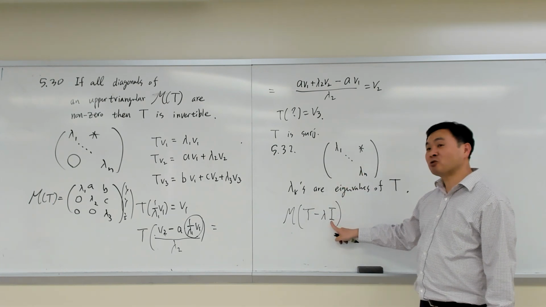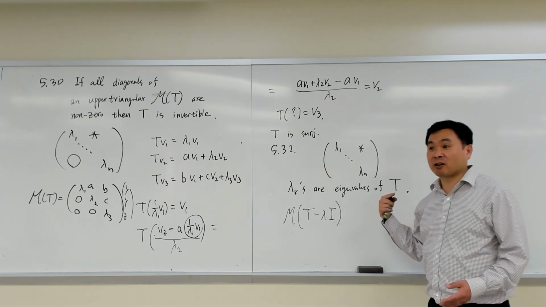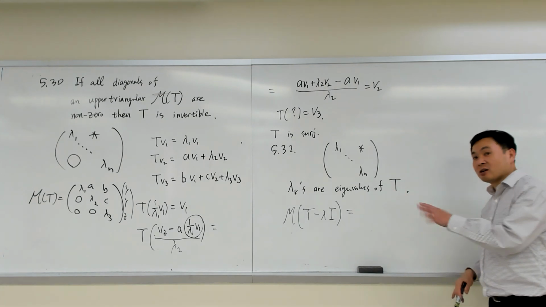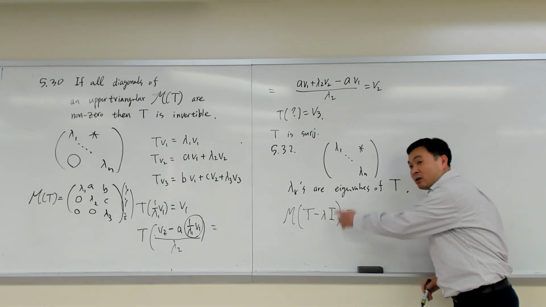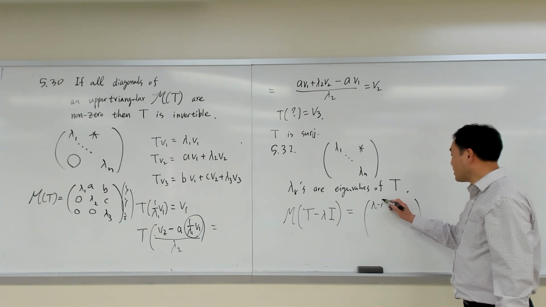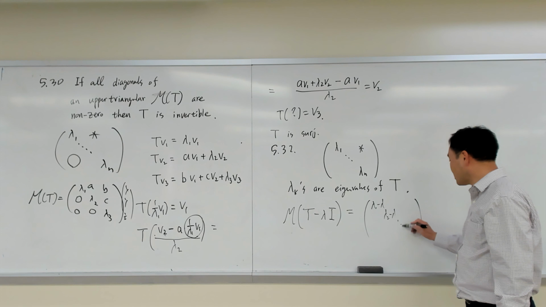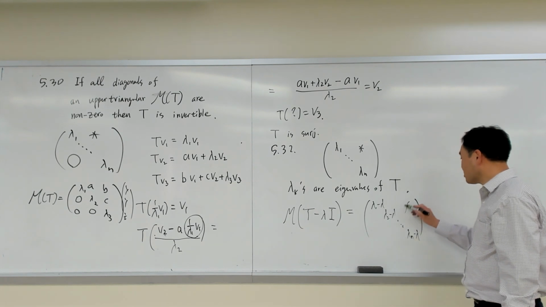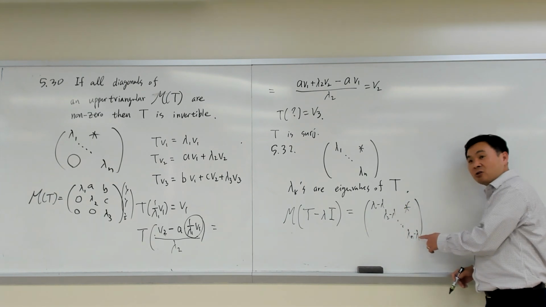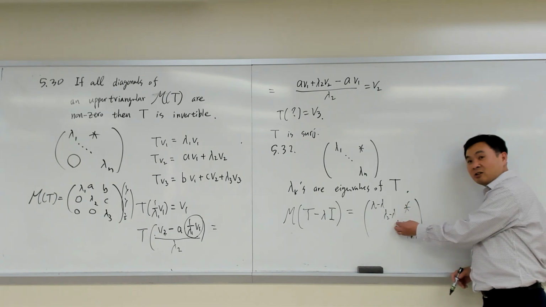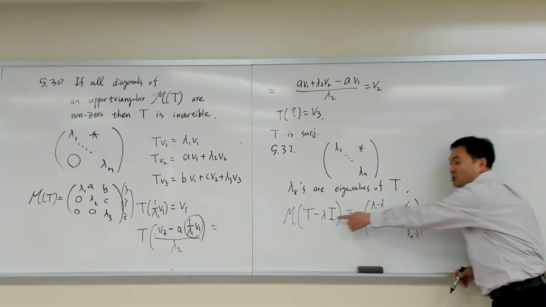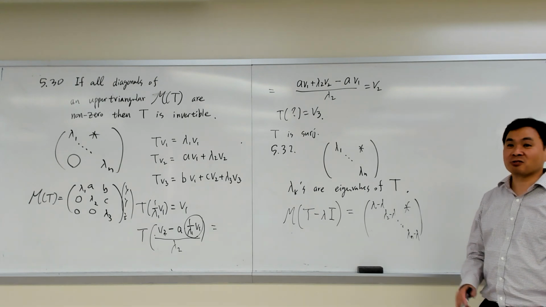Now, the matrix of I always has 1 on the diagonal, no matter what kind of basis you use. So you end up with lambda 1 minus lambda, lambda 2 minus lambda, up to lambda n minus lambda, something like that. And look, if lambda is any one of these values, then you get a 0 on the diagonal, which makes it not invertible. If it's not invertible, we learn that lambda is an eigenvalue. So it's a direct corollary of this.